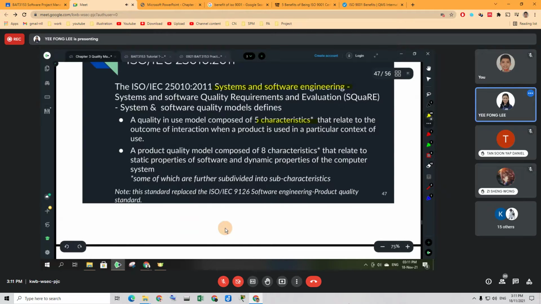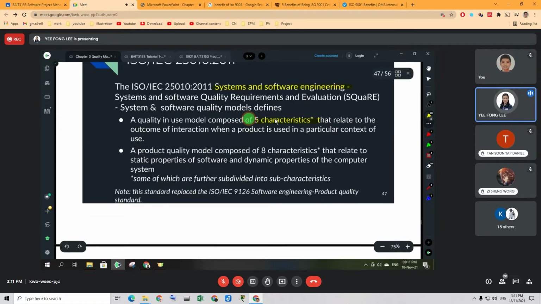So far, any question? They provide the characteristic. Look at the website. They provide characteristic, sub-characteristic with the consistent terminologies for specifying, measuring, and also evaluating the system software product quality.